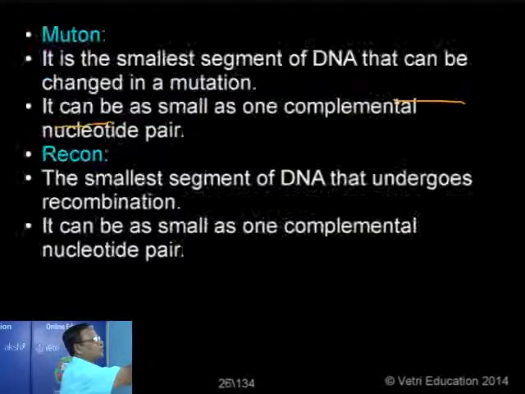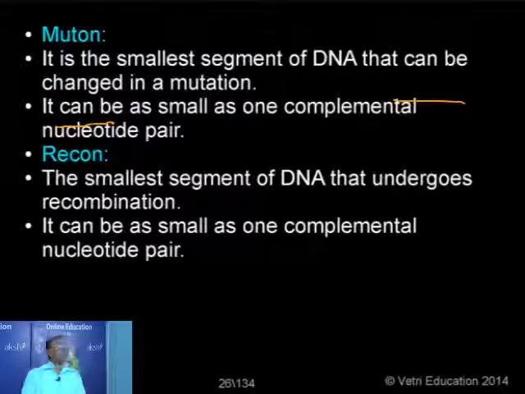Now what are the other two units? Muton. It is the smallest segment of DNA that can be changed because of mutation. So the smallest segment of DNA that has undergone mutation, that has undergone change, is called a muton, a small segment of DNA that can be changed by a process of mutation. It is normally very small, as small as only one complementary nucleotide pair.